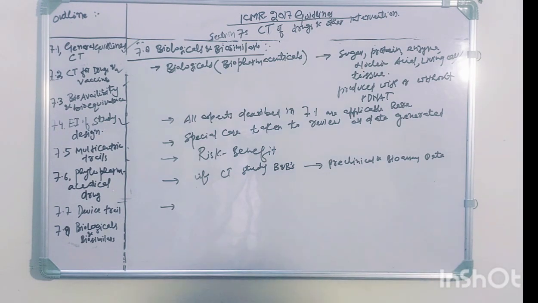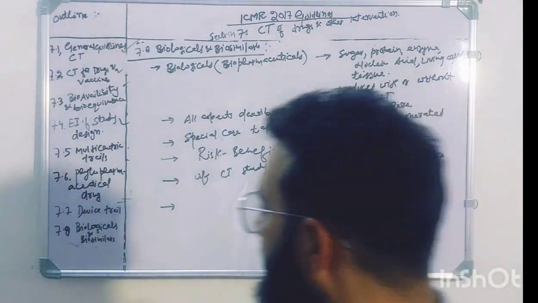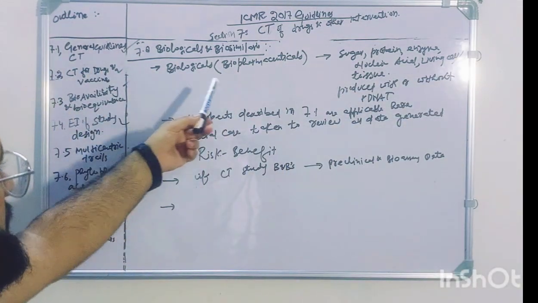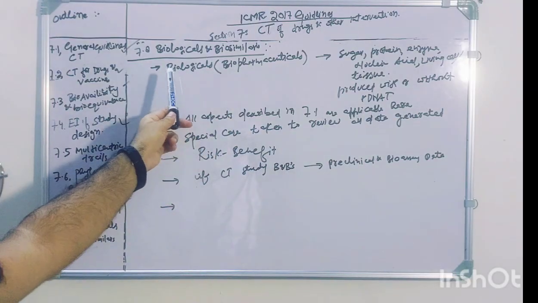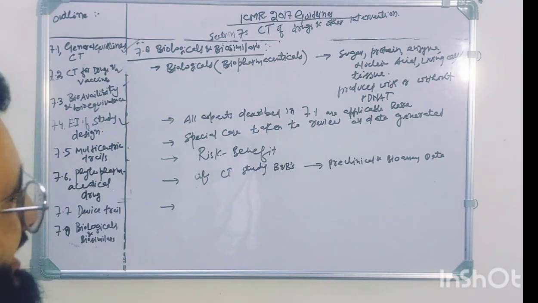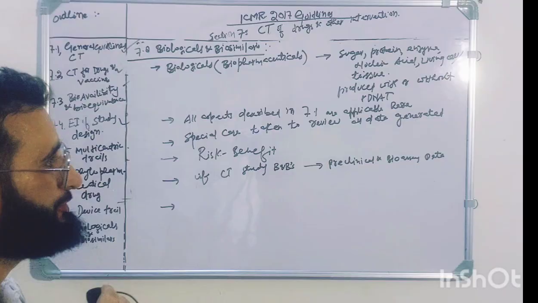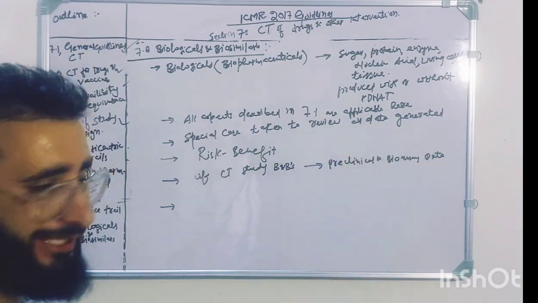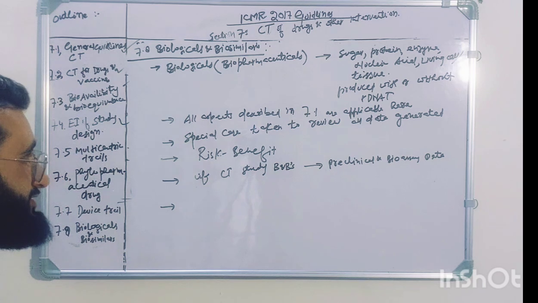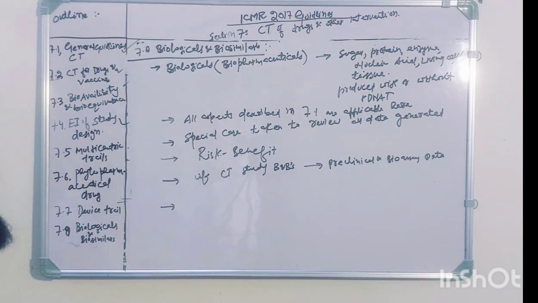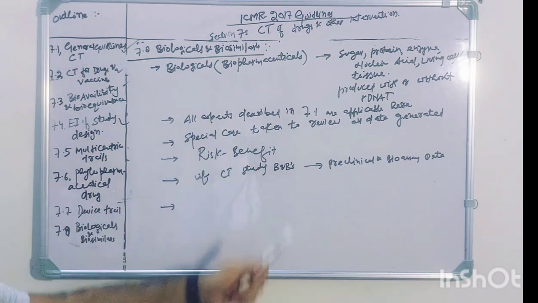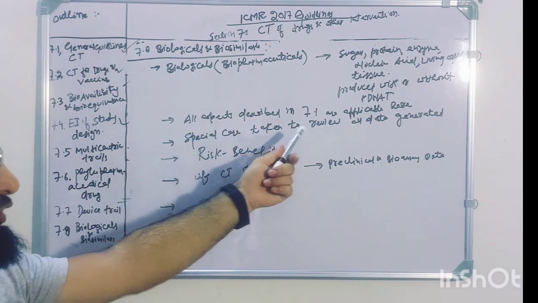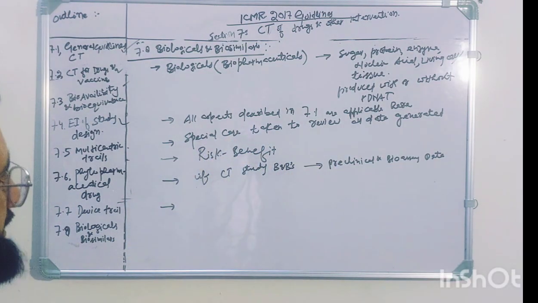Next, they have discussed biologicals and biosimilars. Here they have defined that biologicals or biopharmaceutical drugs can be composed of sugars, proteins, enzymes, nucleic acid, living cells or tissues, and produced with or without biotechnology. The ethical considerations discussed here are that all aspects described in section 7.1 are also applicable here, and special care should be taken to review all the data generated.